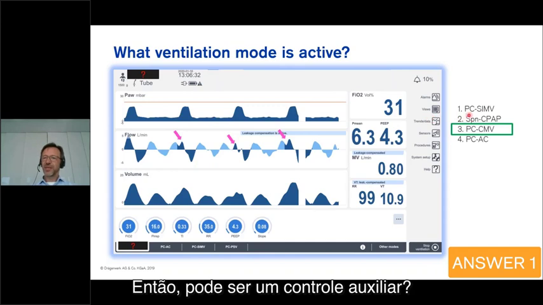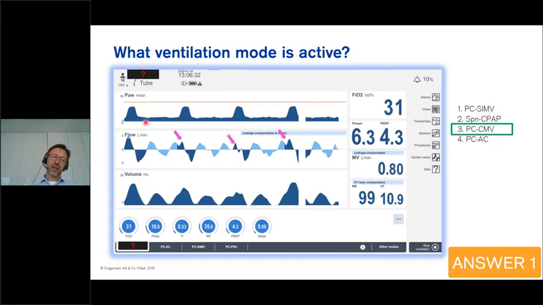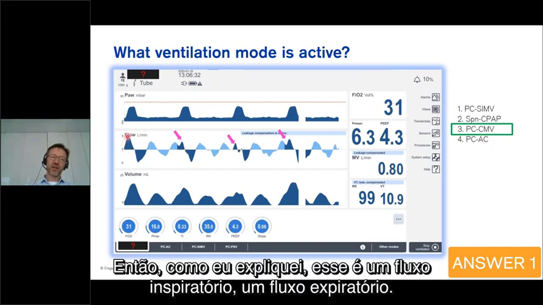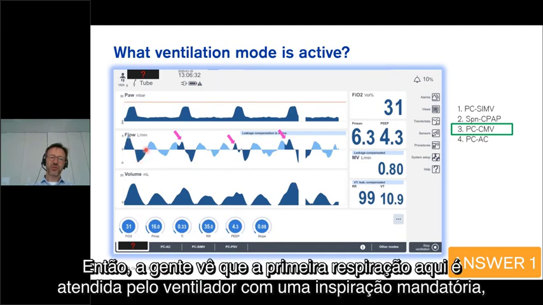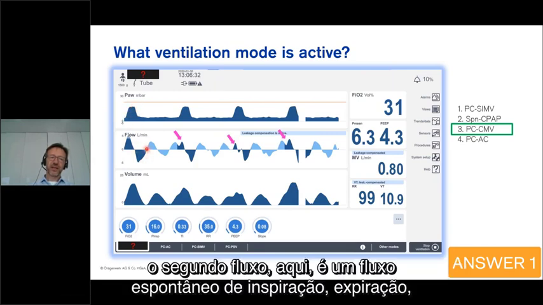Can it be assist control? You see here the flow curve. As I explained, this is an inspiration, inspiratory flow, expiratory flow. The first breath here is answered by the ventilator with a mandatory inspiration. The second flow here is a spontaneous flow, inspiration, expiration.